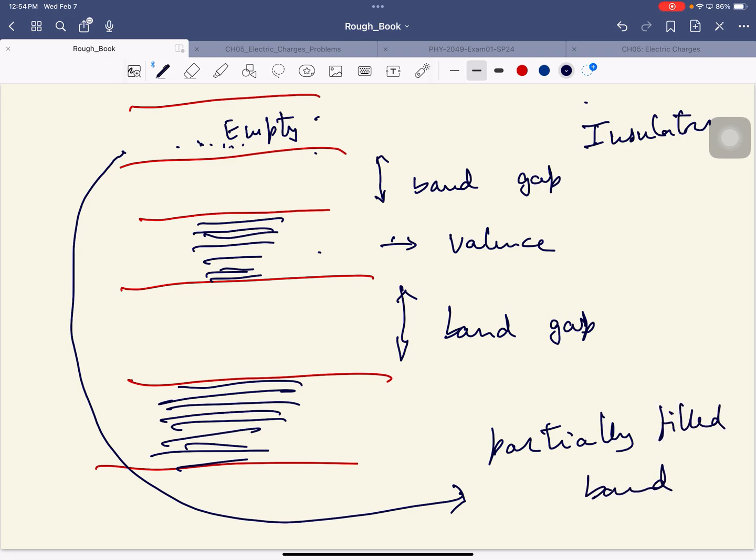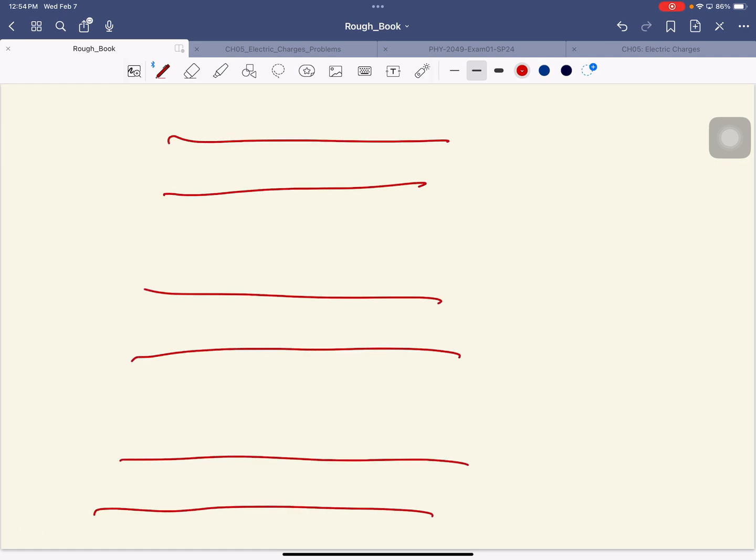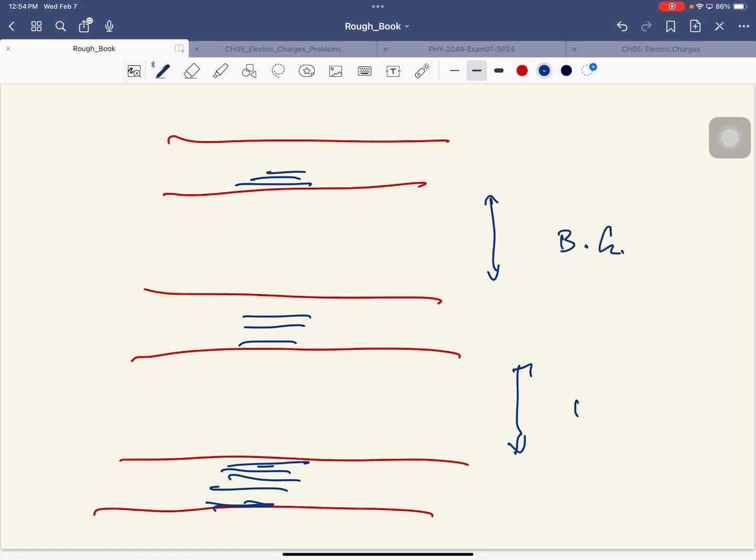Okay. Now, all right, so now let me draw another band. Okay, so if you have some electrons there, so this is again a band gap.